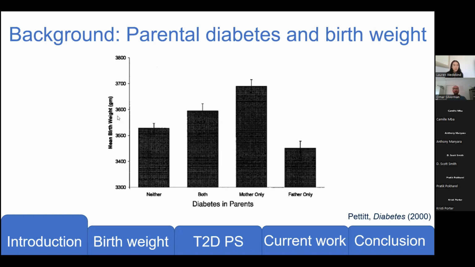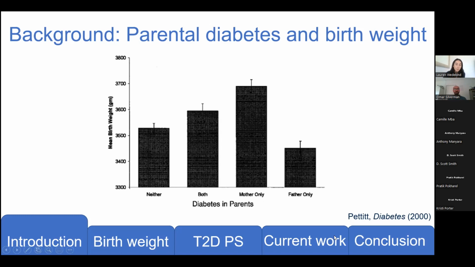If both parents had diabetes, then birth weight was relatively in the middle, around 3,600 grams or 3.6 kilograms. If the mother had diabetes, then birth weight was relatively high, and this difference was significant, as you can see from the bars.